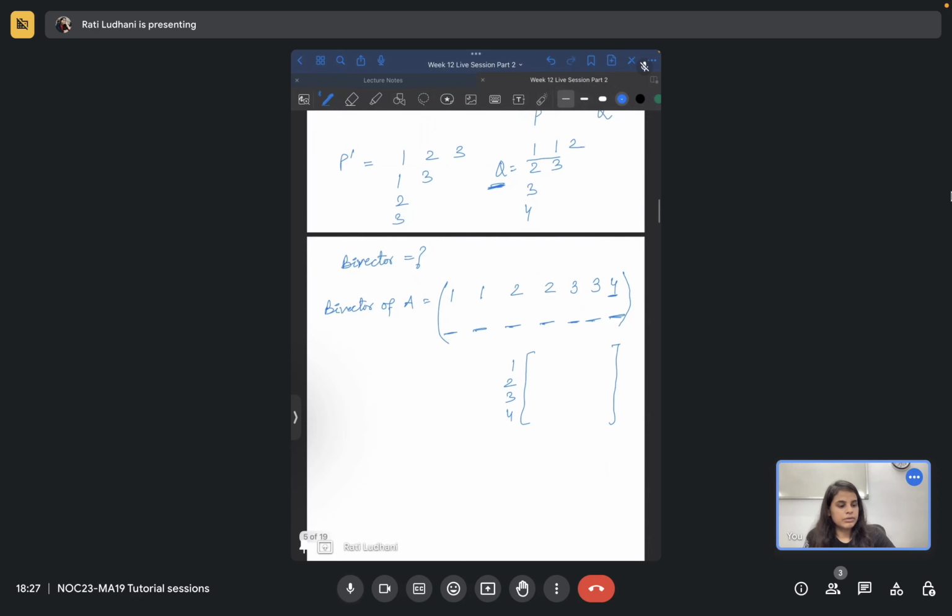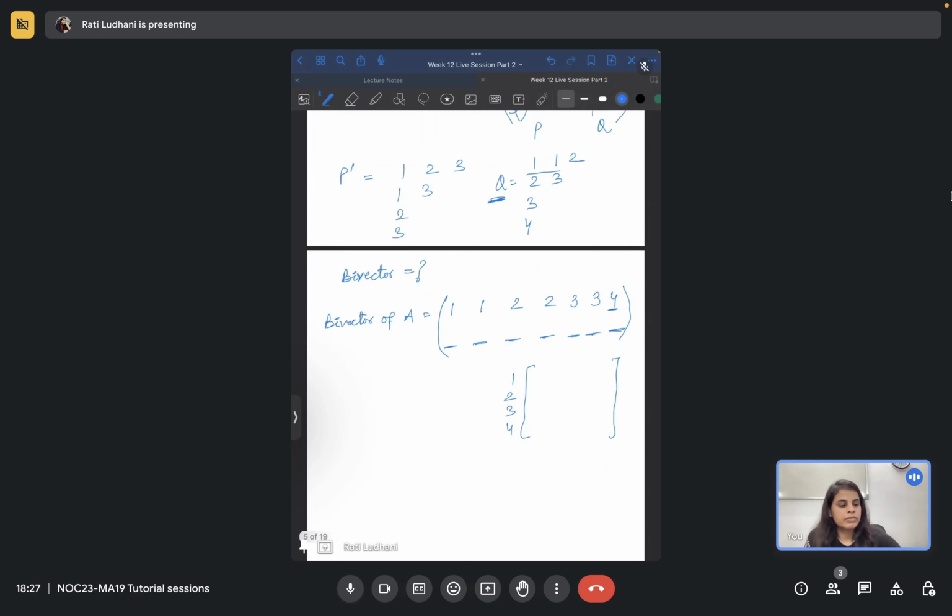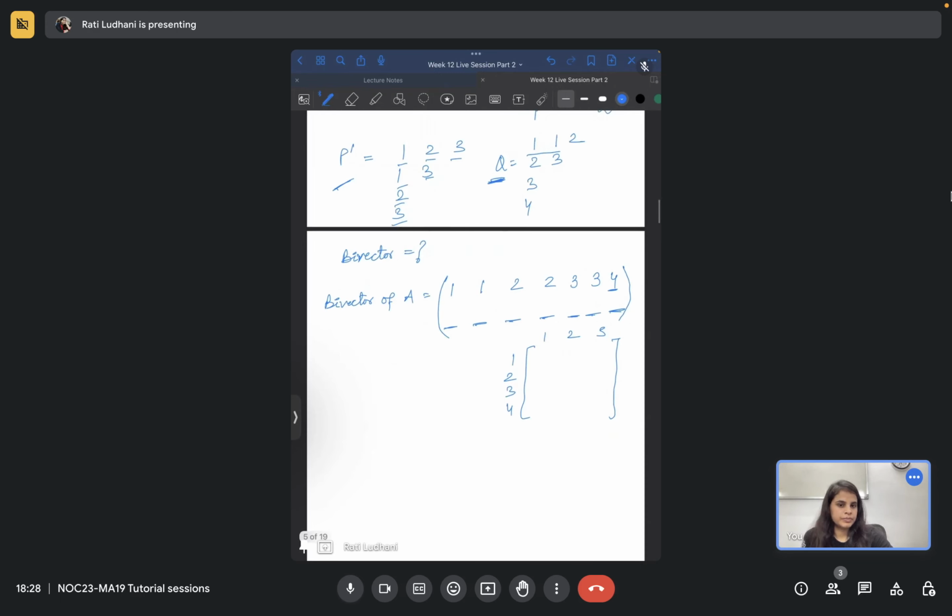Now how many columns must we have? P dash has the entries 1 2 3 1 3 2 3. So the highest number is 3 in P dash. And the numbers of P dash are the column numbers. So column number we can go up to 3. So there must be 3 columns, right? Yes, ma'am.